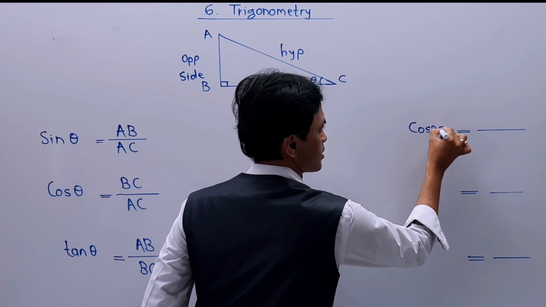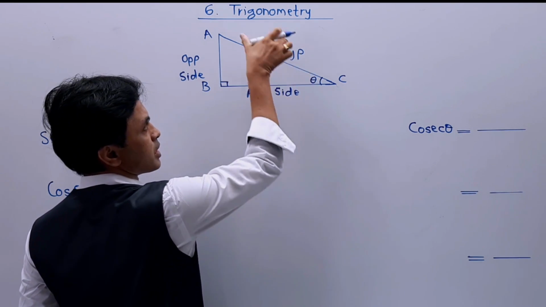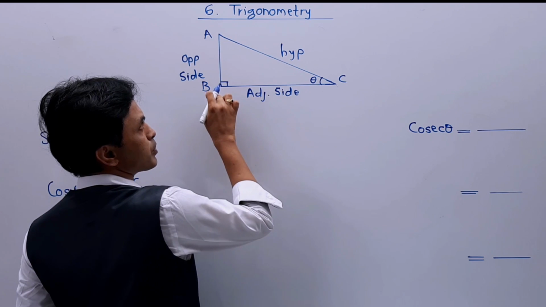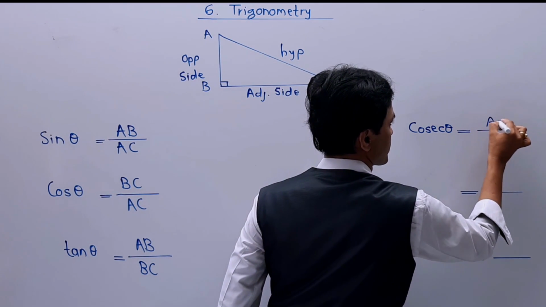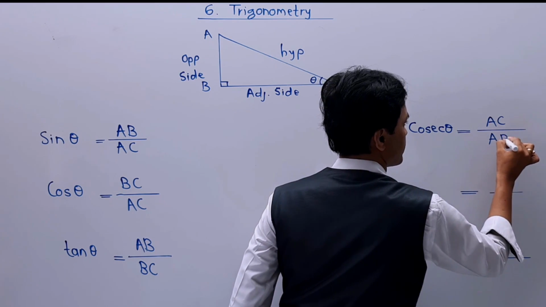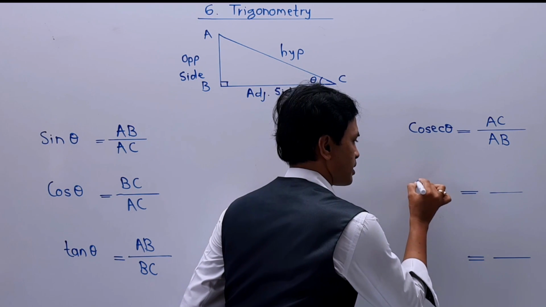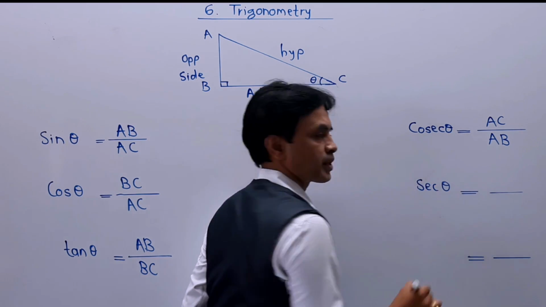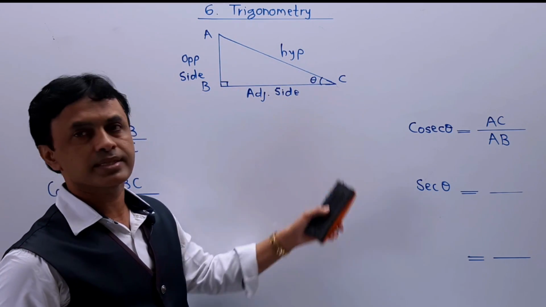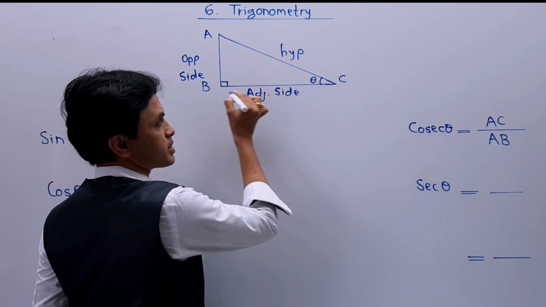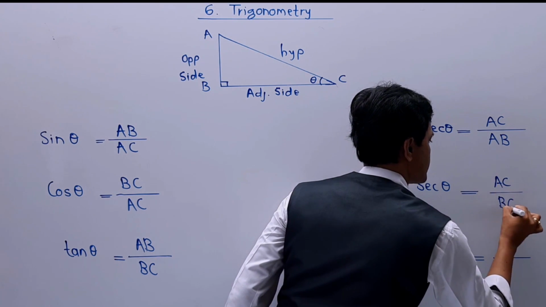cosec theta. Cosec theta is nothing but hypotenuse upon opposite side, AC upon AB. Next, sec theta. Sec theta is nothing but hypotenuse upon adjacent side, so it becomes AC upon BC.